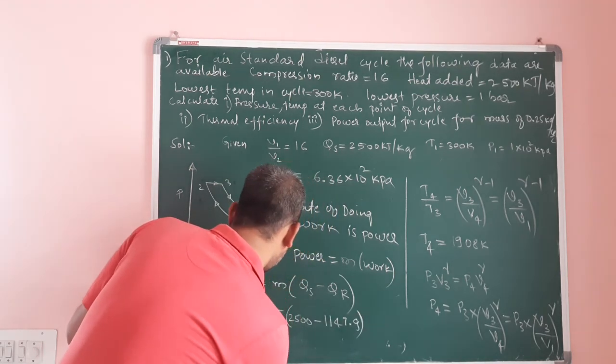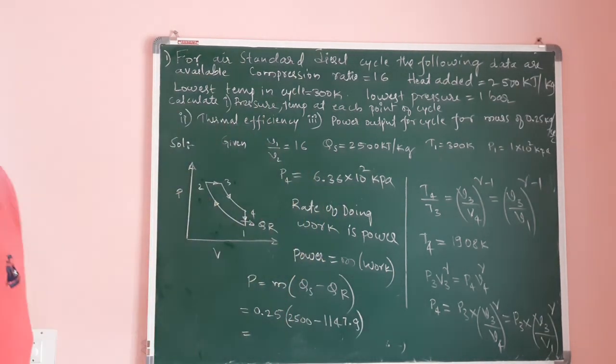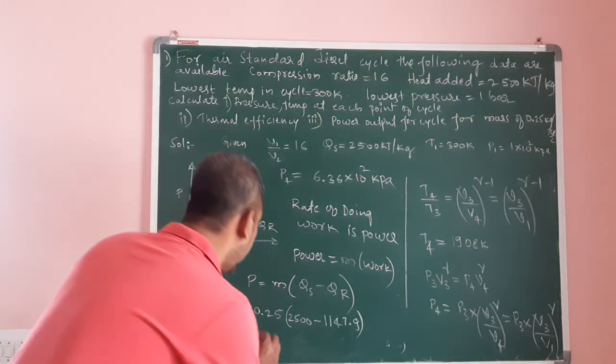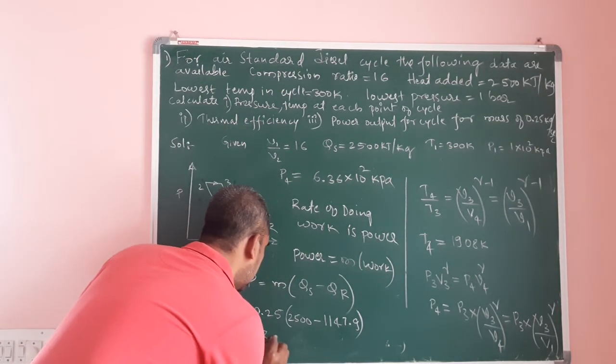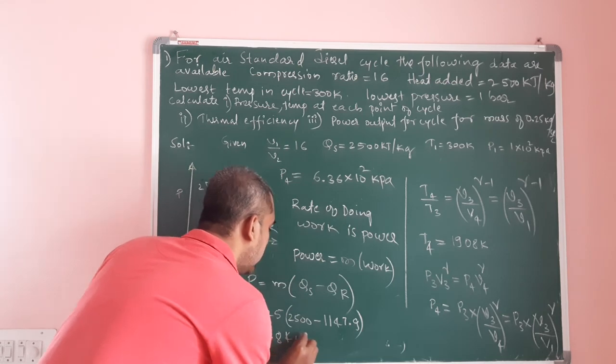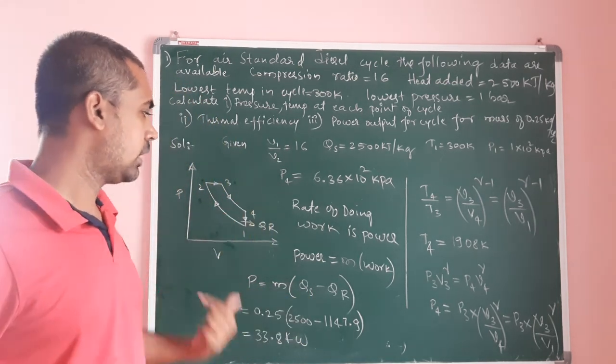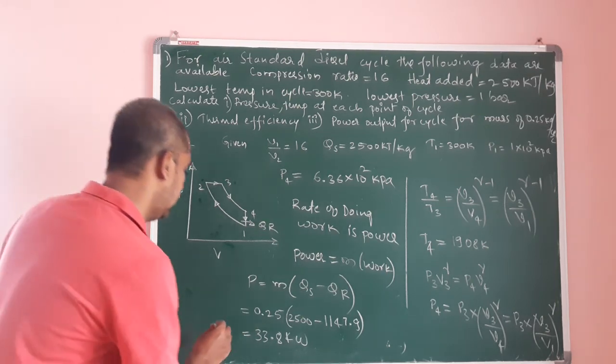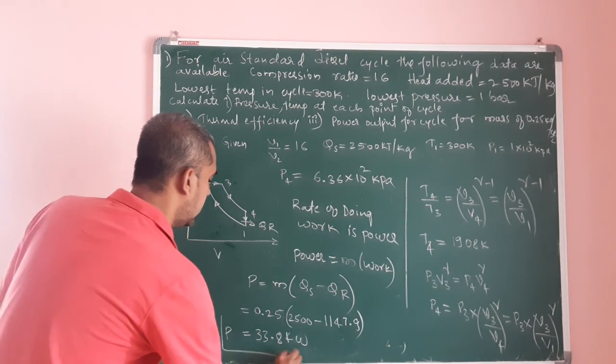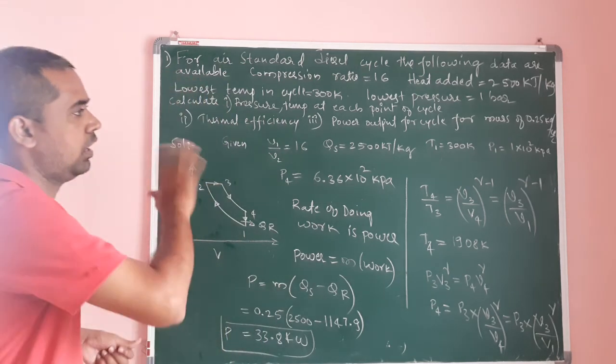Therefore you will get work done value as 33.8 kilowatt. As we have substituted heat transfer in kilojoule, power you will get in kilowatt directly. Okay, this we have calculated.